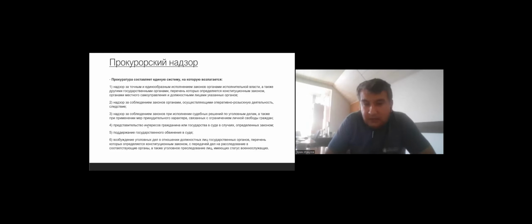Now, the third extrajudicial mechanism is prosecutorial supervision. Prosecutorial supervision as a human rights mechanism is highly important in terms of the functions of the prosecutorial office, which is set forth in the law on prosecutorial offices. What they do is supervise the uniform implementation of Kyrgyz legislation.